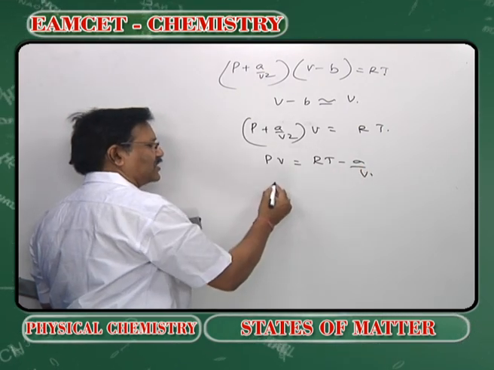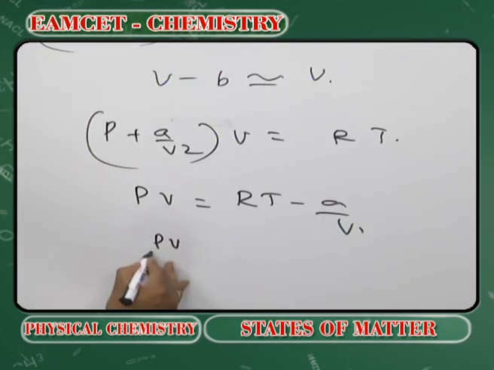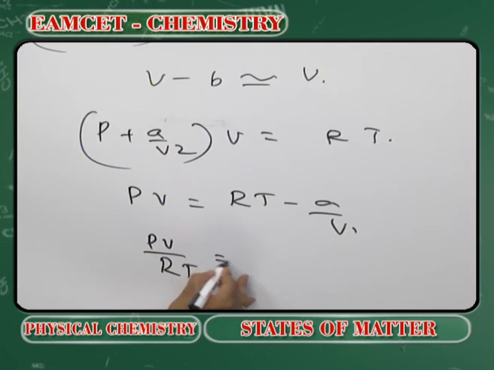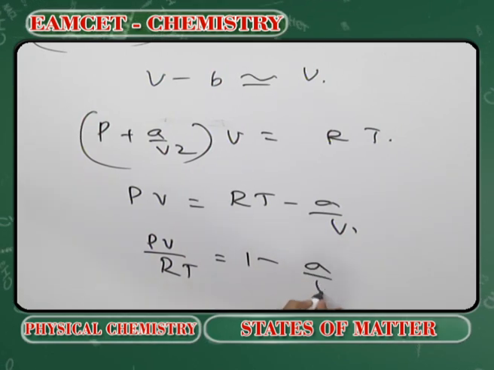Dividing both sides by RT, PV/RT = 1 − a/(VRT).